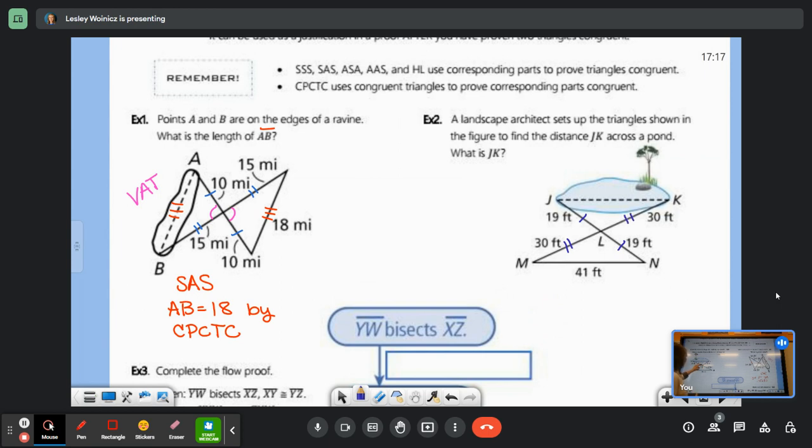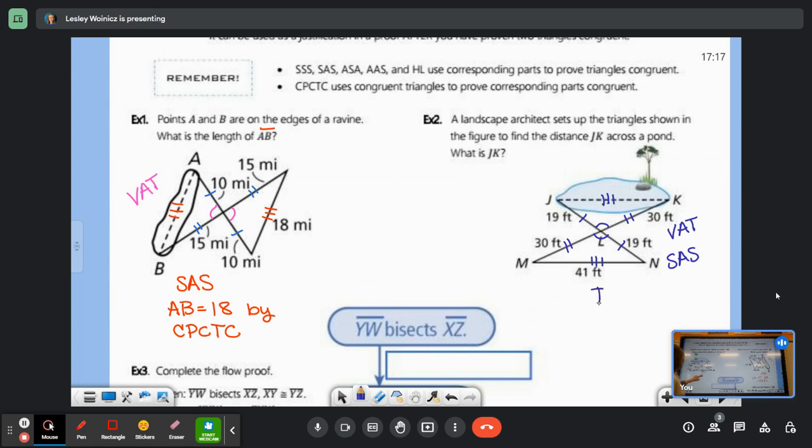Okay, we've got a pair of vertical angles. Thank you, vertical angle theorem. Then we can again use side, angle, side to prove that these triangles are congruent. And finally, we can say that the side MN is congruent to the side JK.